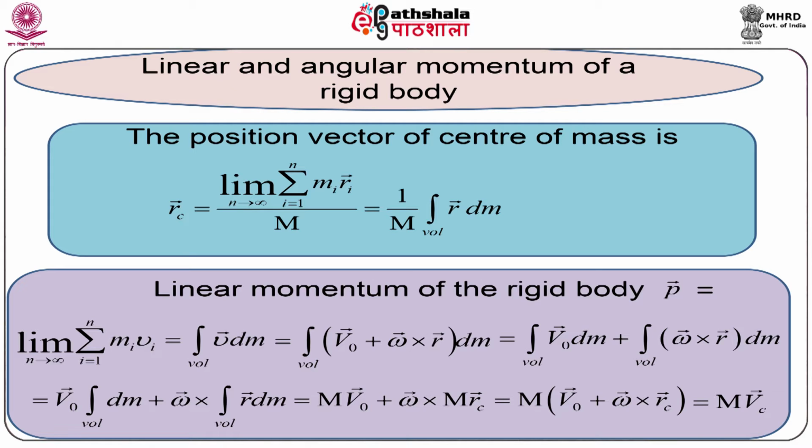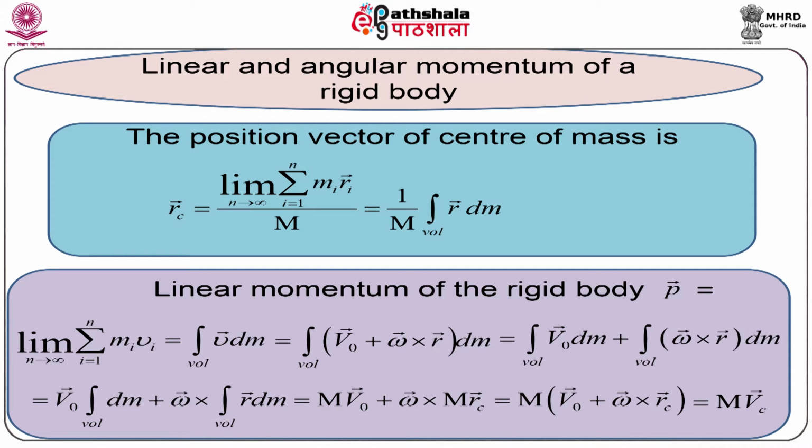If small r_c vector, c is the suffix, be the position vector of the center of mass of a rigid body, then we have r_c vector equal to limit n tending to infinity summation over i equal to 1 to n small m_i into r_i vector whole divided by capital M. This is defined for a system of particles.